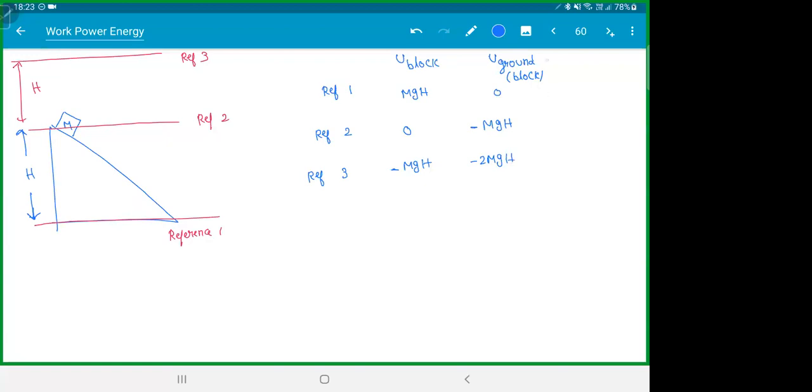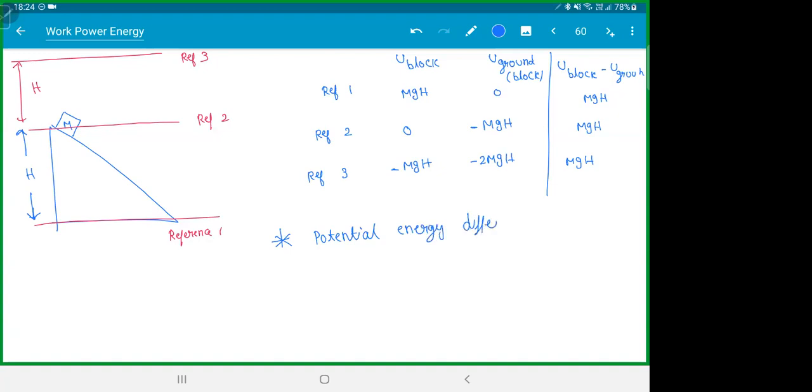Now, in all these three cases, if you observe the difference, U block minus U ground, this will be mgh, mgh, mgh. So this is an important statement here. The potential energy difference is independent of reference line.